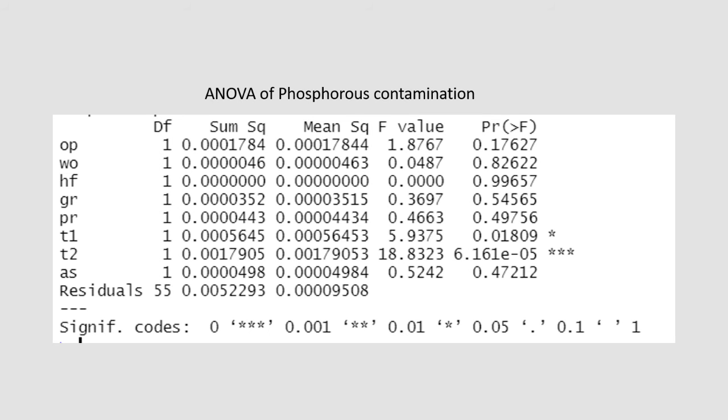To know which variable is the one that makes more variation in phosphorus contamination, we do an ANOVA, and we found that the temperature of arrival to zone 2 is the one that makes more variation. The second variable that makes more variation is the temperature of arrival to zone 1.